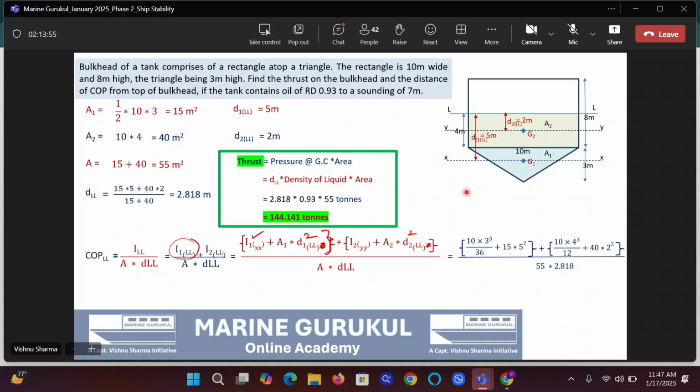And now you don't have to give any more explanation. Use the calculator on the run and get COPLL. How much is the COPLL you're getting, guys? 3.844.